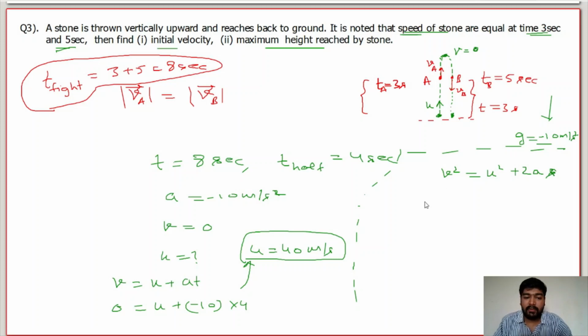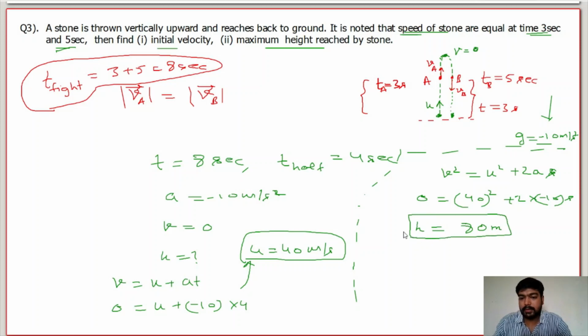V is 0, so 0 equals 40 whole square plus 2 into minus 10 into s, where s will be h, so we can find h from here. Okay, this has just become a question similar to the previous one.